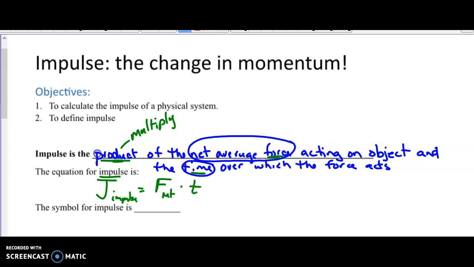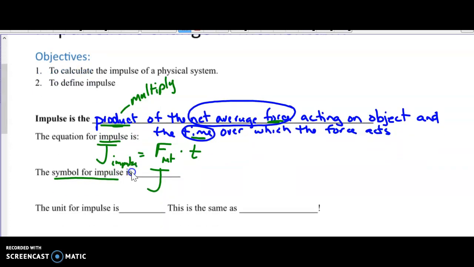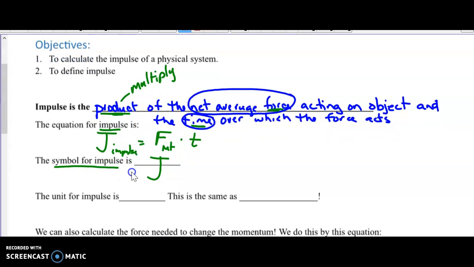Okay, so the symbol that we're going to use for impulse is this capital J. They just use a capital J because I has already been used up somewhere else in electricity. Now we haven't covered electricity yet.